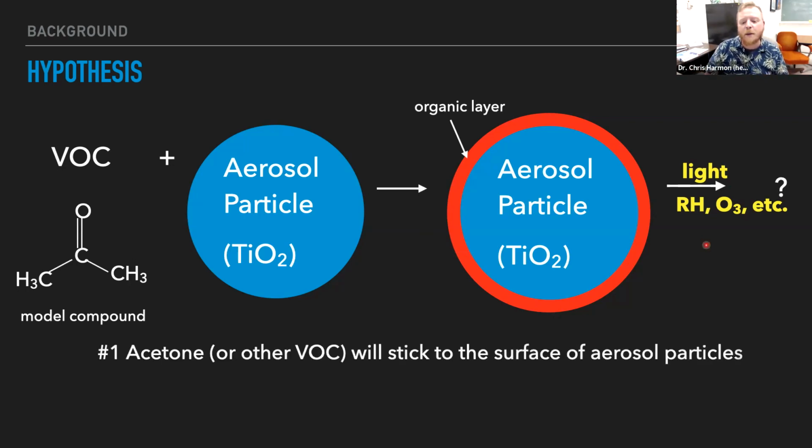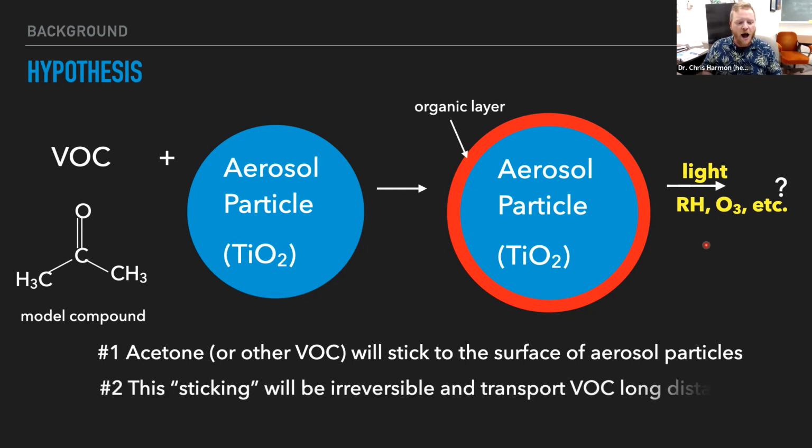So hypothesis number one: acetone or other VOC will stick to the surface of aerosol particles, okay? And so we also hypothesize this sticking will be irreversible, meaning that it will be chemisorbed, okay? And so it will be able to be transported long distances that way.